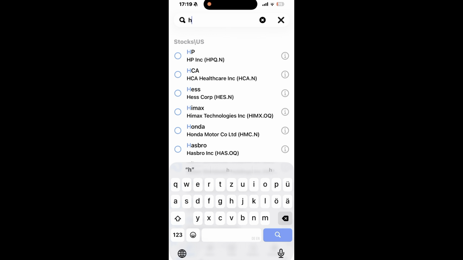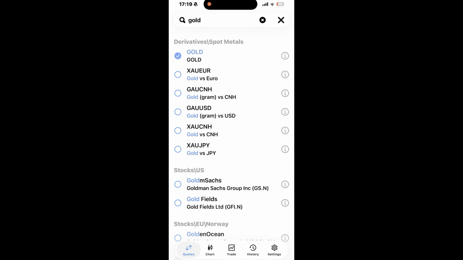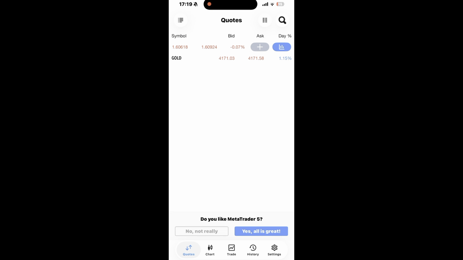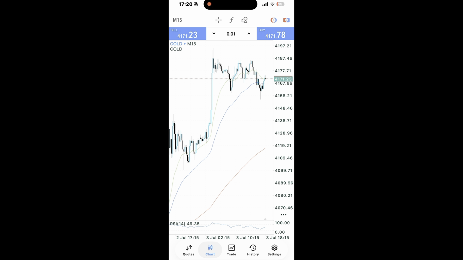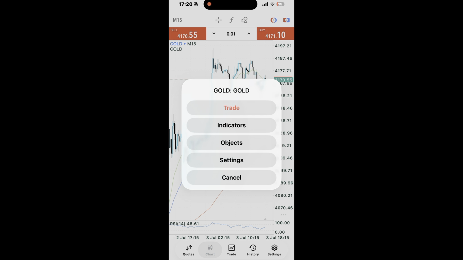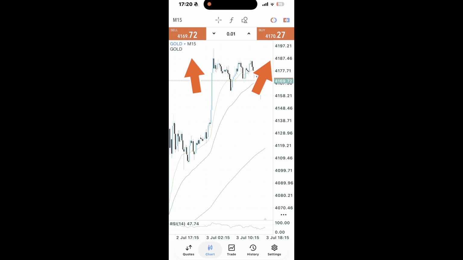In this example, I chose gold and added it here. If you click on charts, you will find here now the gold chart, and you can adjust your indicators, whatever you want, objects, settings to your liking, and also see the buy and sell button.